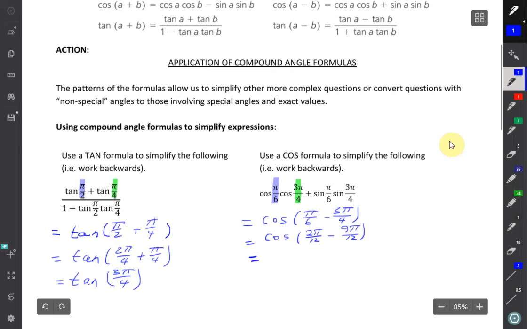And then we will subtract those. We end up with the cos of minus 7 pi over 12. And I would reduce that if it were possible. In this case, it's not. And now we see that this expression here can be boiled down simply to the cos of minus 7 pi by 12.